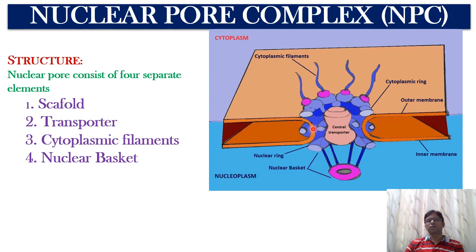The spokes of the central ring are attached to the central transporter on the inner side, and also attached to the cytoplasmic ring and nucleoplasmic ring on the outer side.